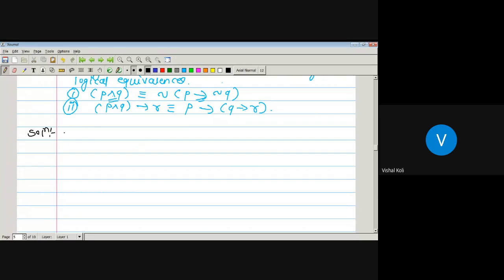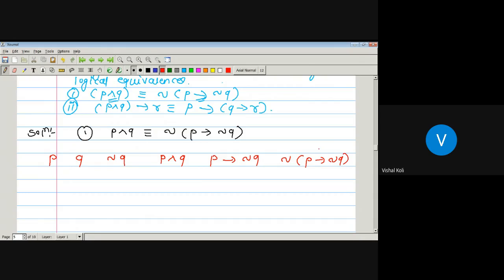Solution. First one: P and Q is equivalent to negation of (P conditional negation of Q). So take the statements as P, Q. First we have to take the negation of Q, then P and Q, then P conditional negation of Q, and finally negation of (P conditional negation of Q).